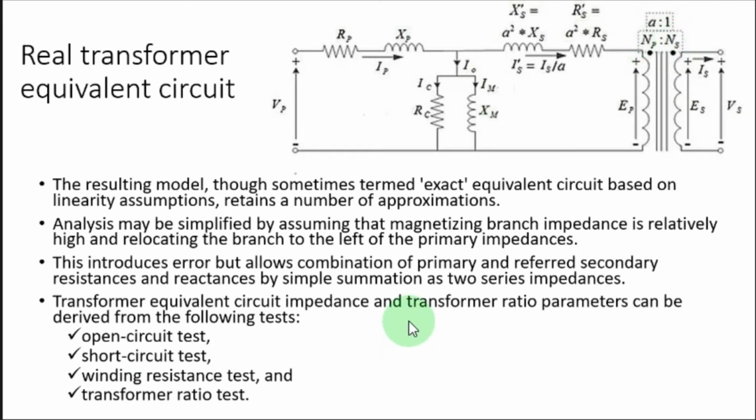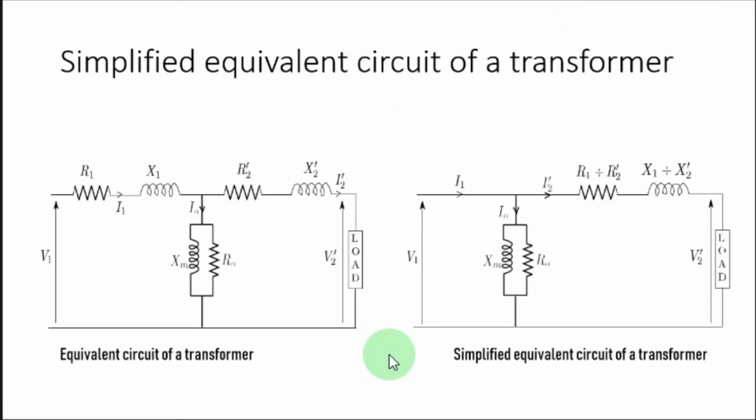Right. So as these two are more direct tests, we will now look at the open circuit and short circuit tests, right? So when we refer these impedances from one side to the other, the equivalent circuit will look like this.